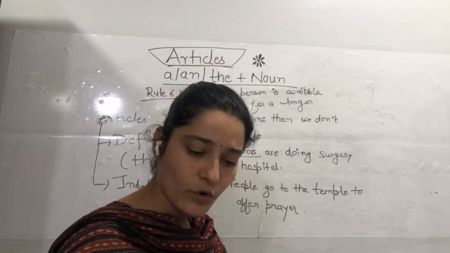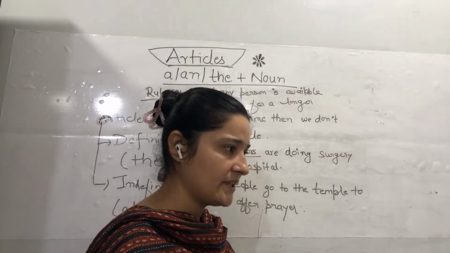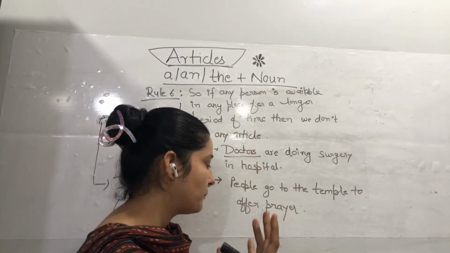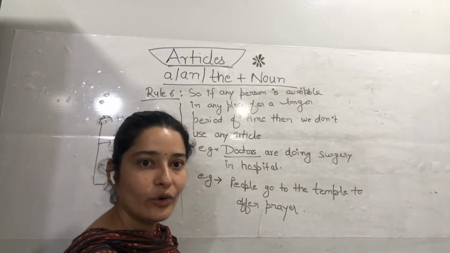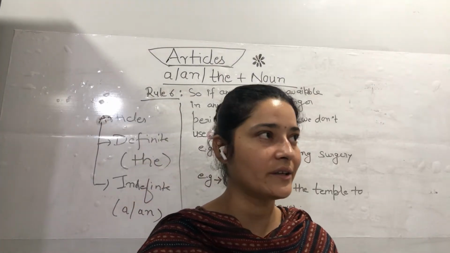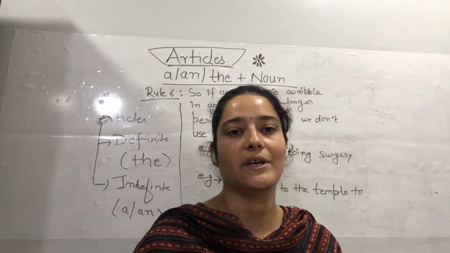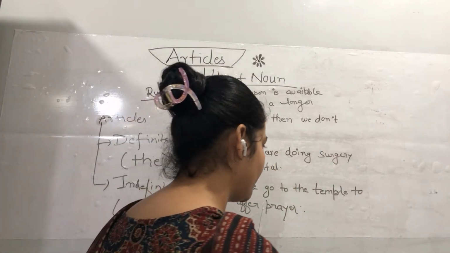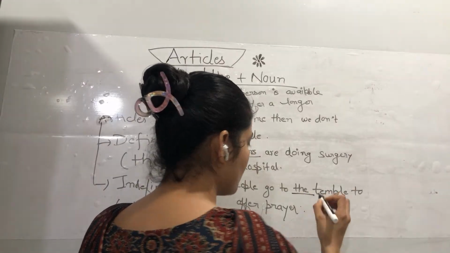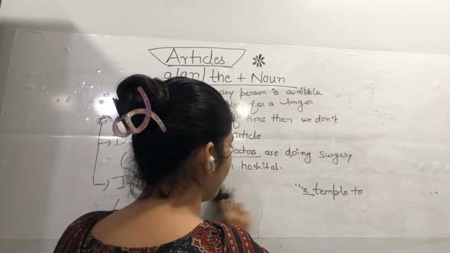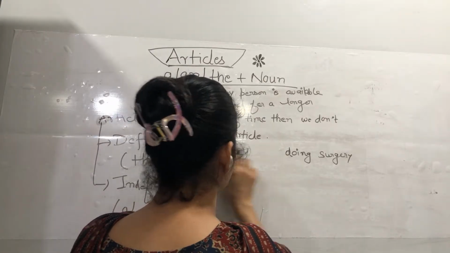Because priest was most of the time busy in the temple, all right. But people who go to offer the prayer there, they are not there every time. They go either once in a day or two times a day maximum, like, okay. So people go to the temple, that's why I have to use the. So make it very clear that this concept is clear in your mind, so that you never make any kind of mistake, okay.